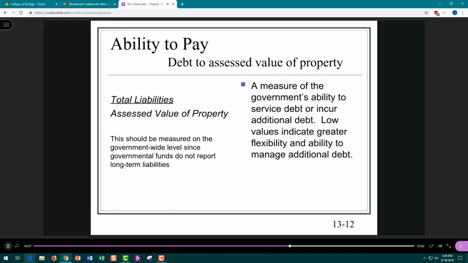Another way to look at that same issue is to look at debt to assessed value of property. So you're still looking at those total liabilities, and as I say, you might just be looking at long-term liabilities in some instances, but total liabilities for the purposes of our text, and comparing that to the assessed value of property.